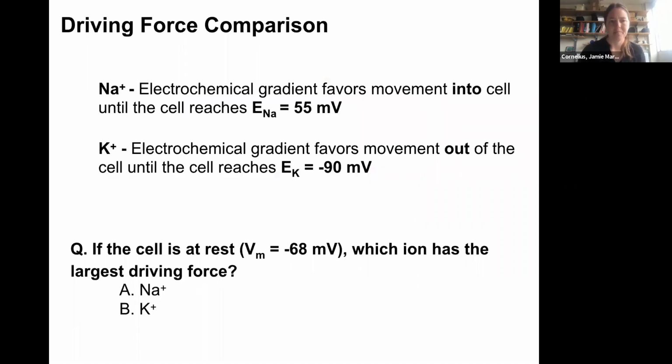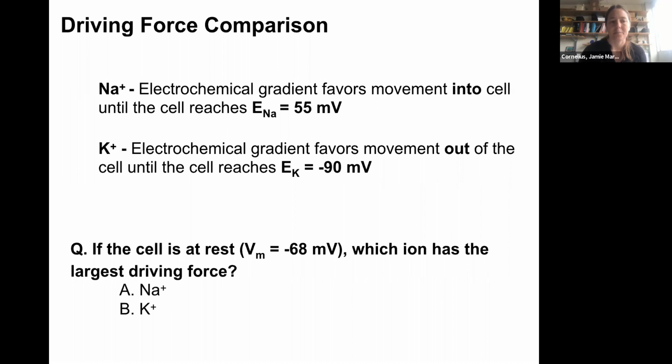So for sodium, the electrochemical gradient favors movement into the cell until the cell reaches a membrane potential of +55 millivolts. That essentially happens during an action potential. You get open sodium channels, the membrane potential goes up, and as it becomes more and more positive, that's going to attract less and less sodium in because the electrical gradient is changing.